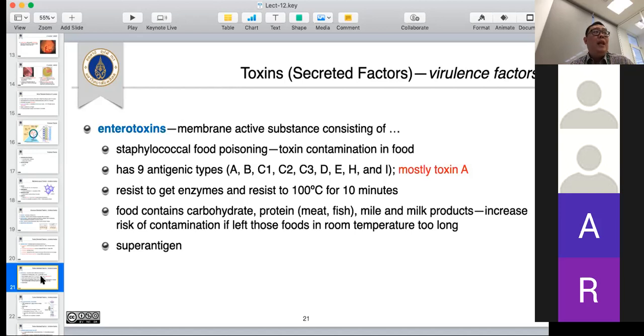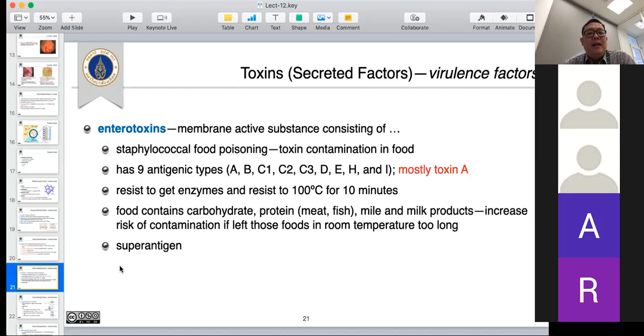They love to contaminate meat: beef, pork, fish. Sorry, this is wrong. Also milk and milk products. When you drink milk, you probably need to drink UHT or pasteurized milk or something like that.